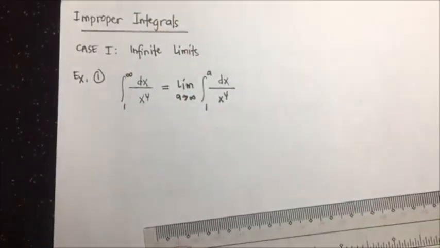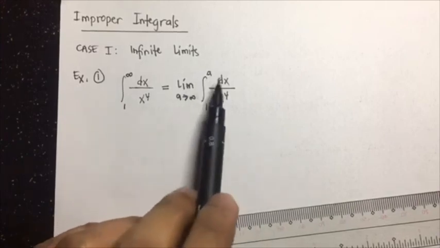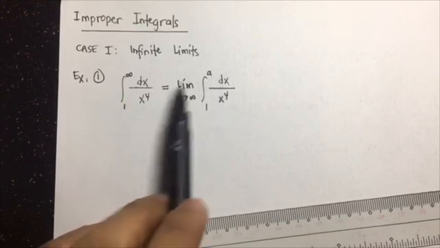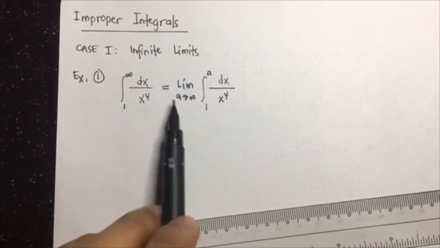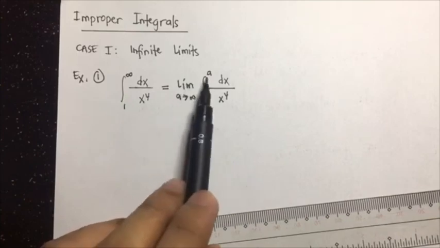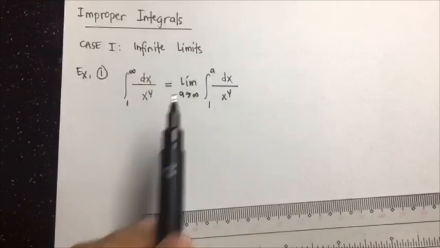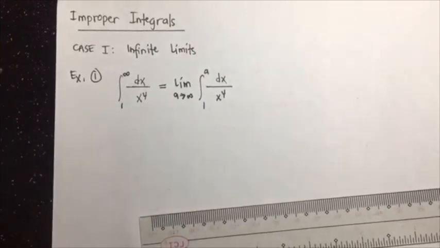That is the proper way to represent infinite limits. You should always replace it with whatever letter is on your mind, as long as outside the integral sign you express it as the limit as a approaches infinity. Then you can proceed as usual with the integration.